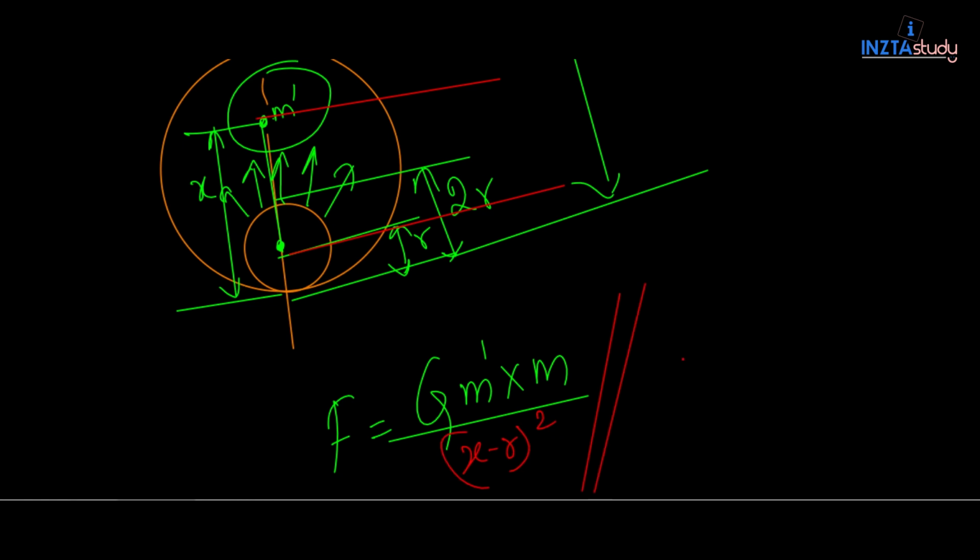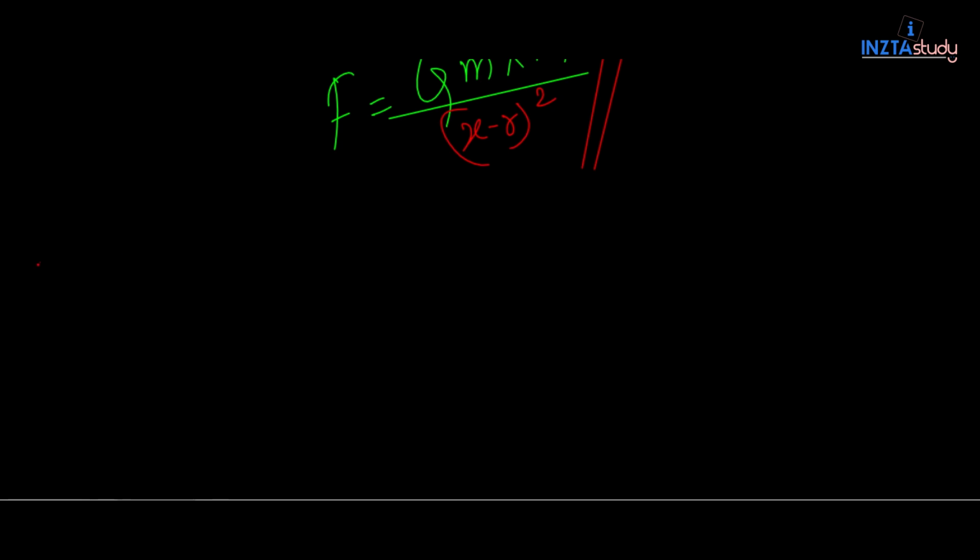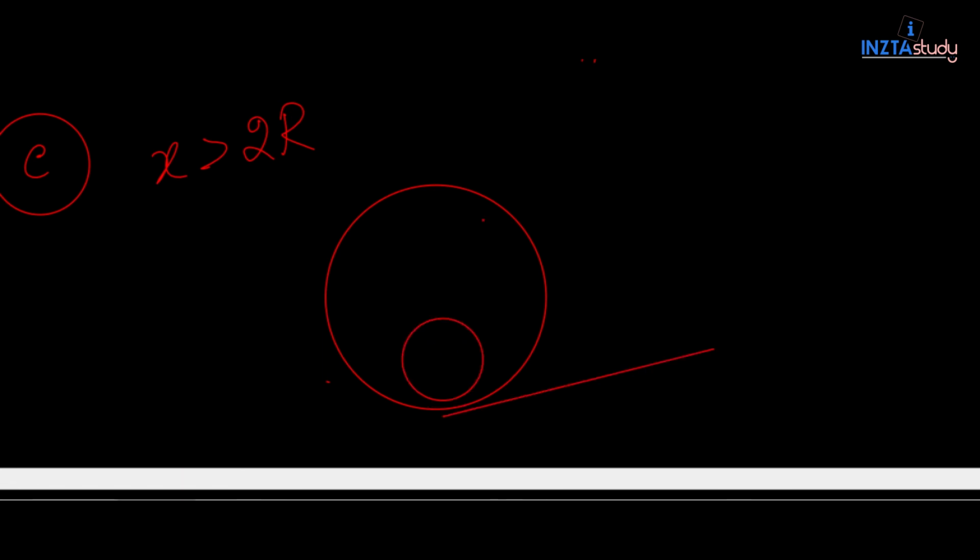So with this, subdivision B is done. Next is subdivision C. Subdivision C is x greater than 2r. Okay, now if you could see, this is 2r and mass m dash is somewhere about this.